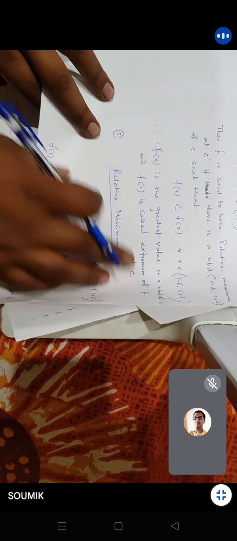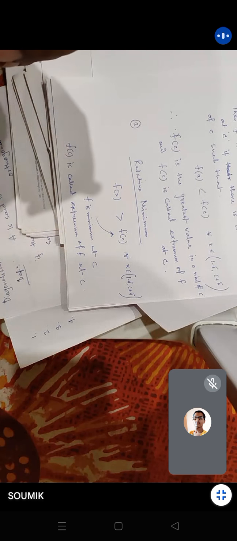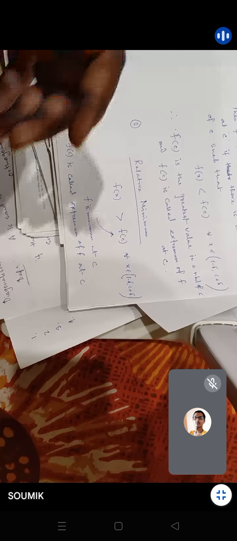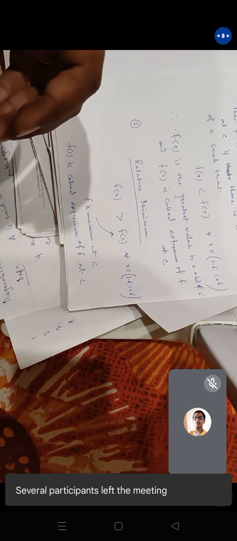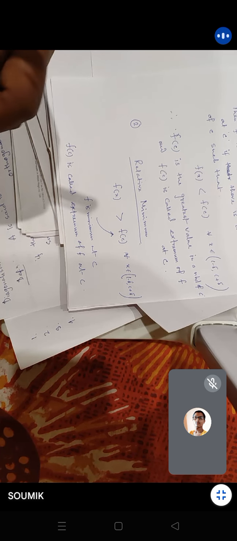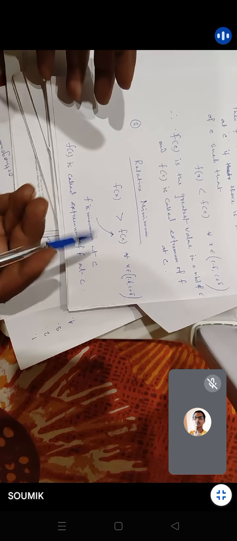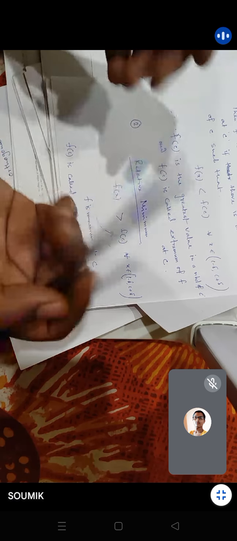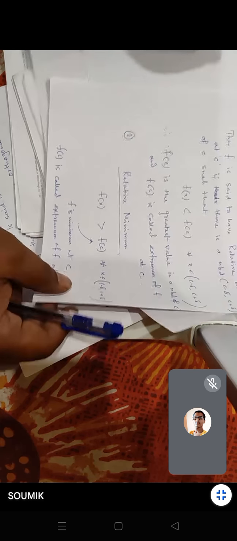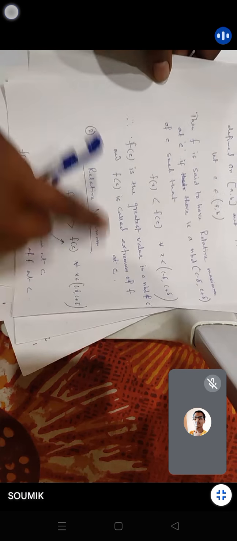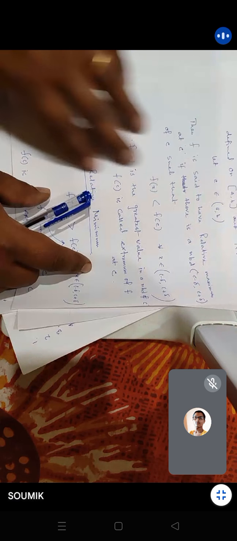Either f(c) is relative maximum or relative minimum, then this f(c) is called the extremum of f at c. Okay, so this is the definition of relative maximum and relative minimum.